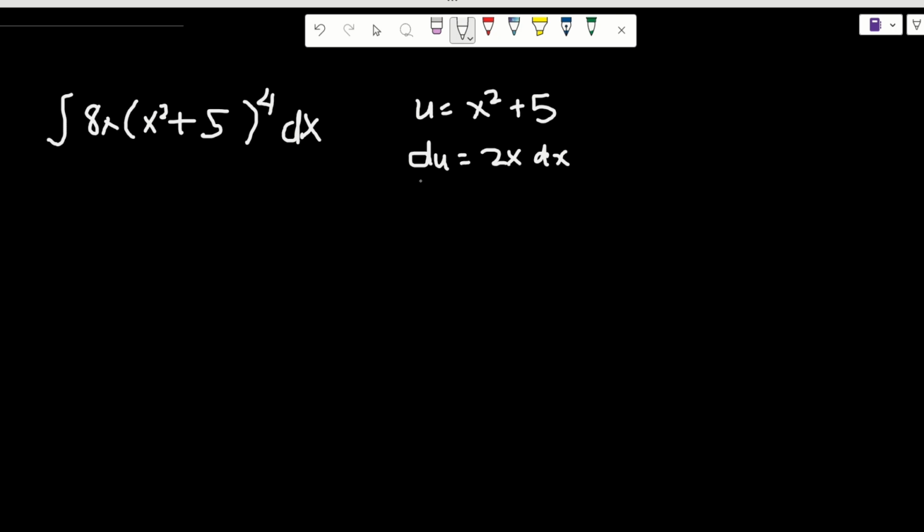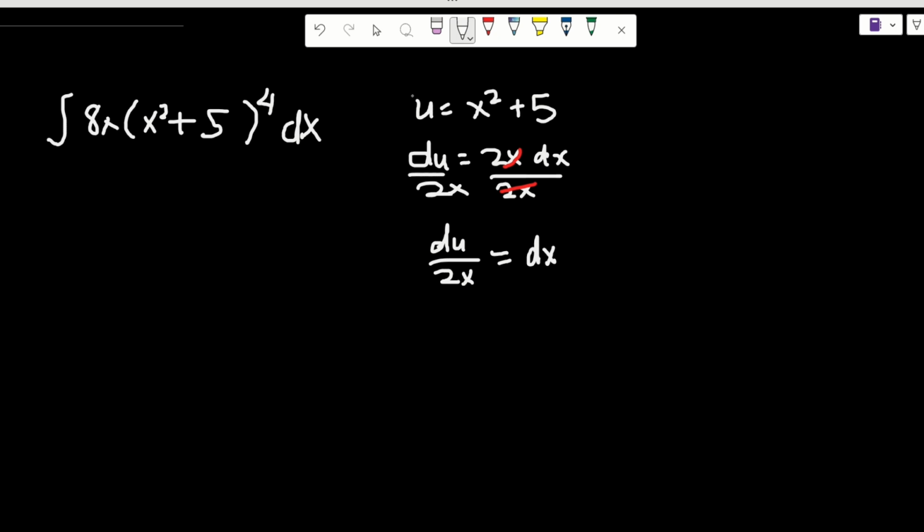To get dx, we divide both sides by 2x, so the 2x cancels. So we have du over 2x is equal to dx.